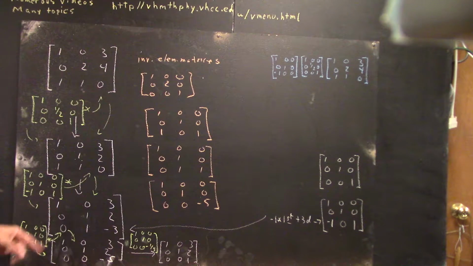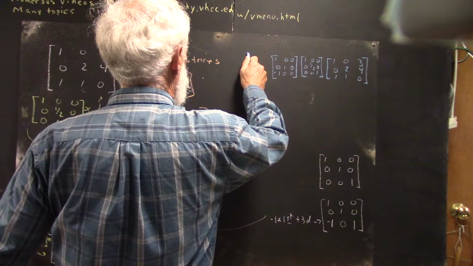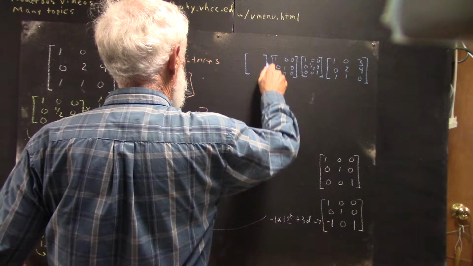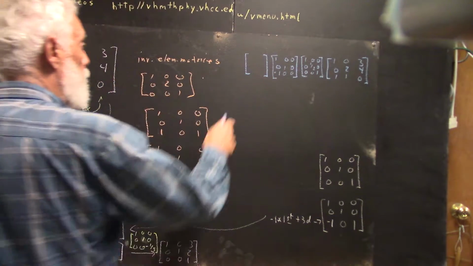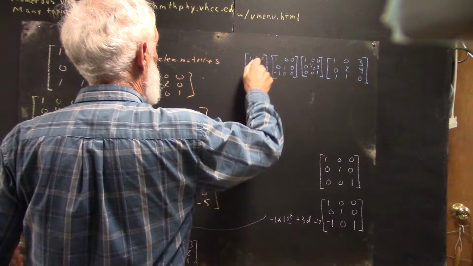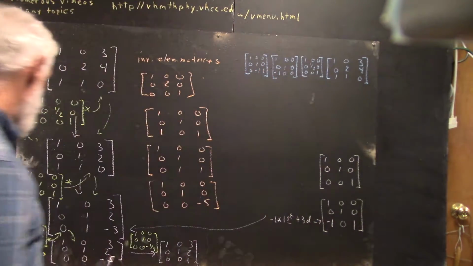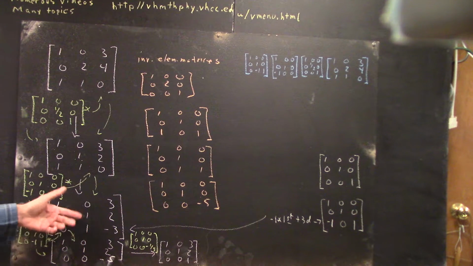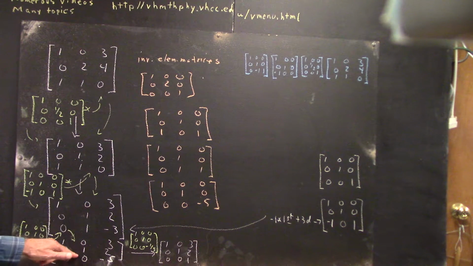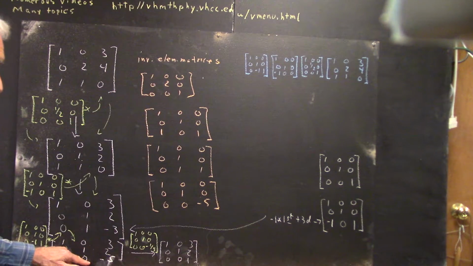Now if I multiply this on the left by this, I might have enough room to get 2 matrices in here. Okay. Well, I've got my 1, 0, 0, 0, 1, 0, 0, -1, 1. The matrix that subtracted the second row from the third to give me the 0 here. And now that product is this.